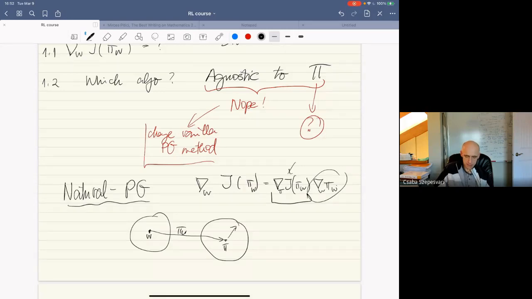You could try to search for the exact W that gives you the exact same point where you would go if you follow the gradient, irrespective of being constrained in the space, and you do this with a local approximation. So that's the idea of the natural gradient method.